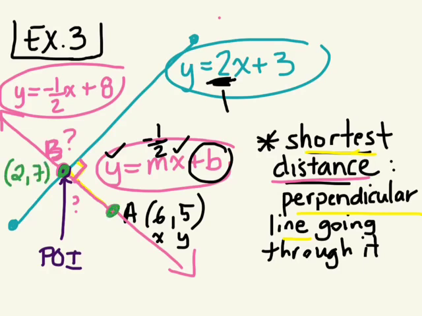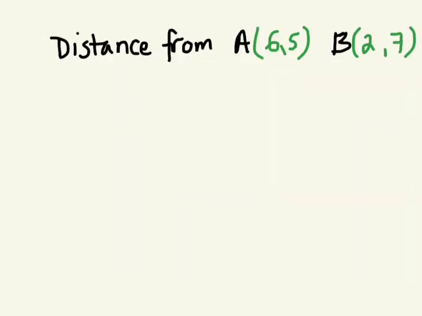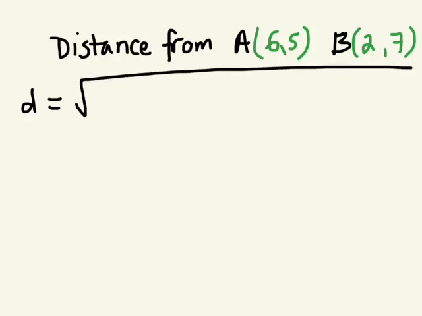We know where A is located. The question was asking to find the shortest distance from this point to the line. Now you need to find the length, the distance from A to B. So to answer the question, plug the values into your distance formula. x2 minus x1, so I'm going to work backwards. 2 minus 6 squared plus 7 minus 5 squared.